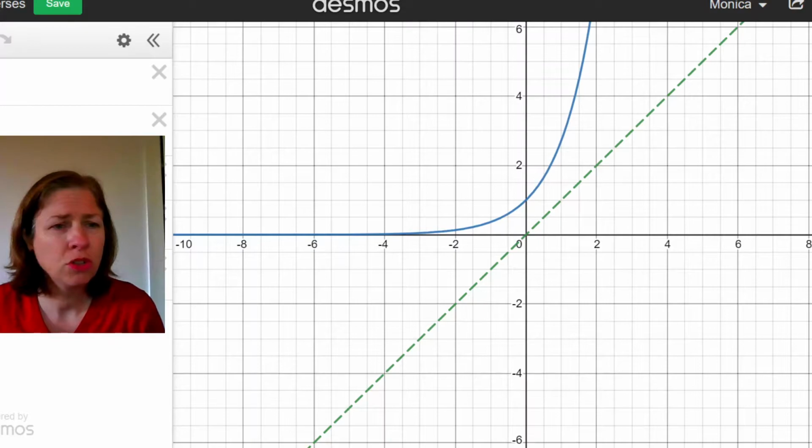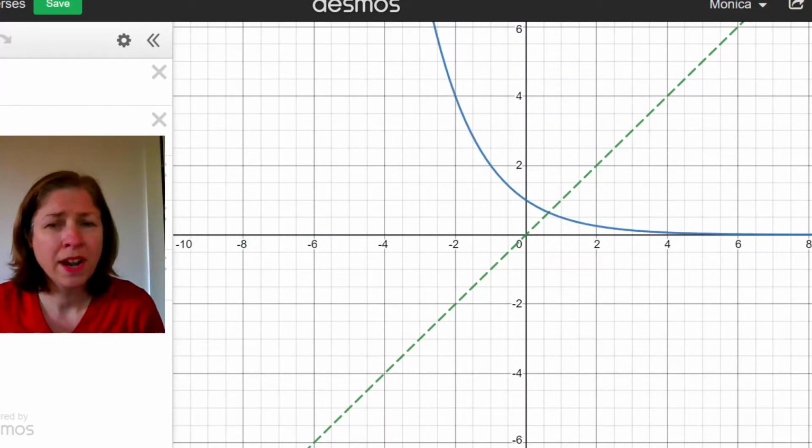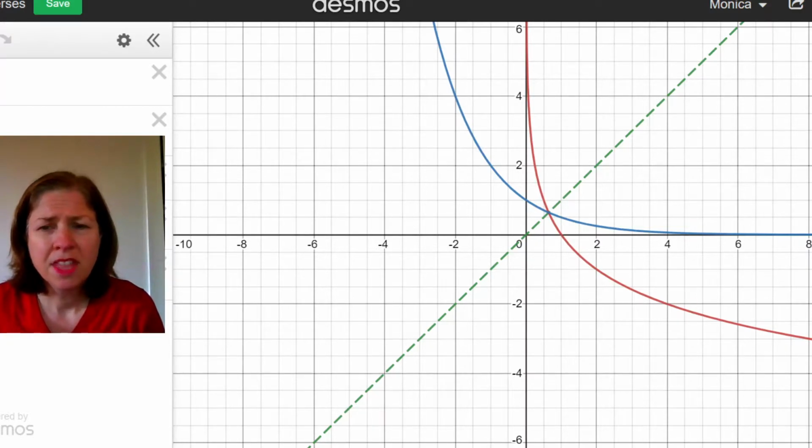But if I show you two different graphs, y equals 1/2 to the power of x and y equals log base 1/2 of x, you can see these are also reflected across the y equals x line, and they do meet on that line. There is an intersection point between them.